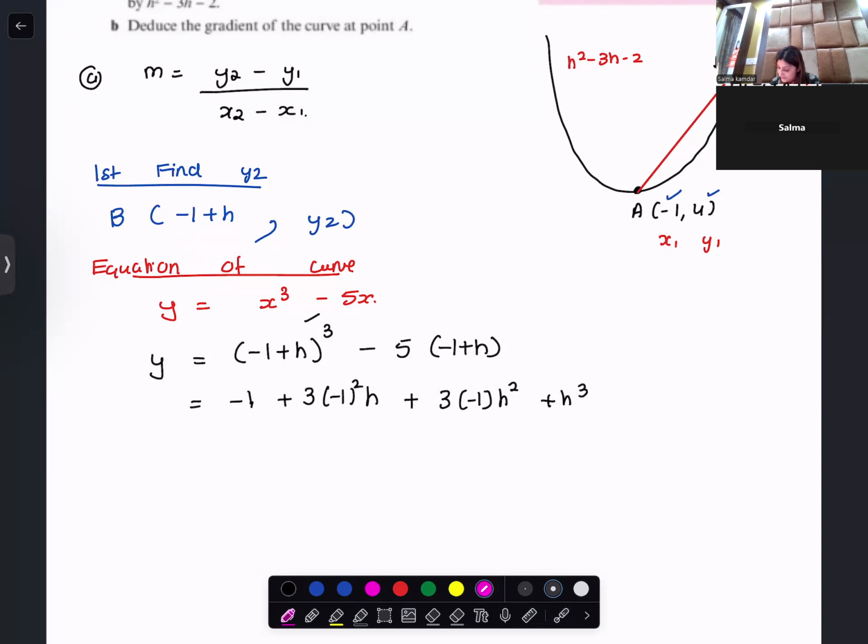And now I'm going to solve this. Minus 5 into minus 1 would make it plus 5, and minus 5 into h would make it minus 5h.